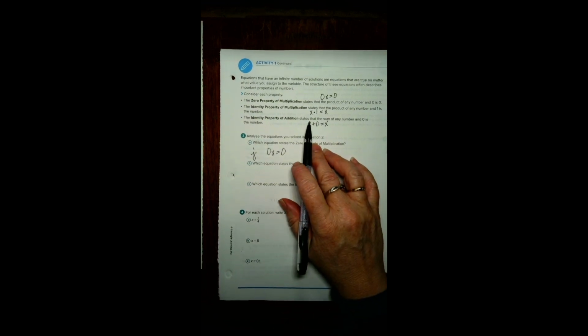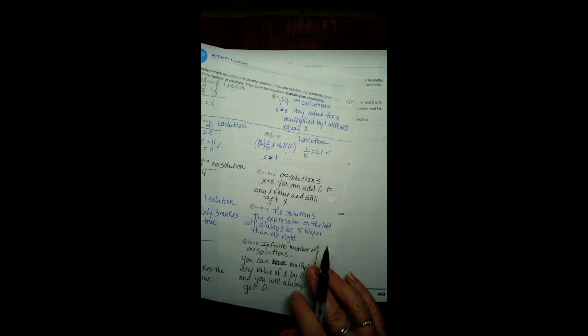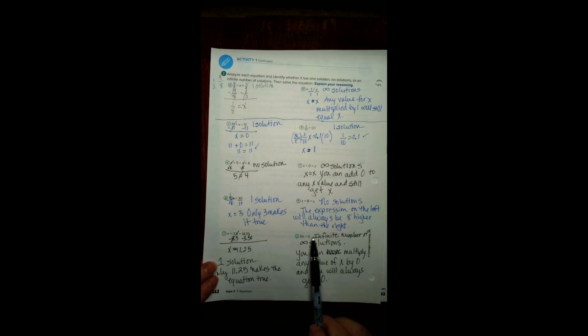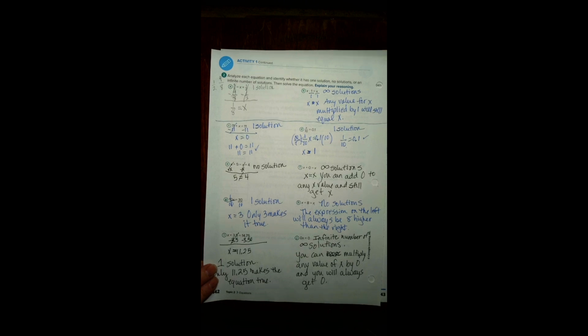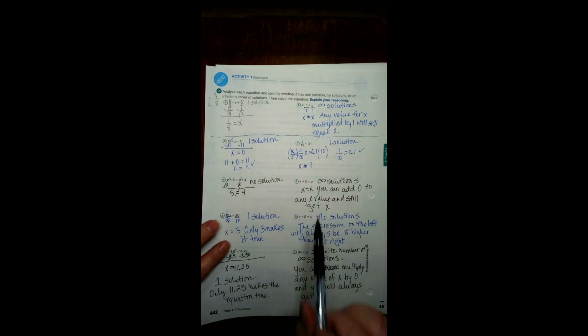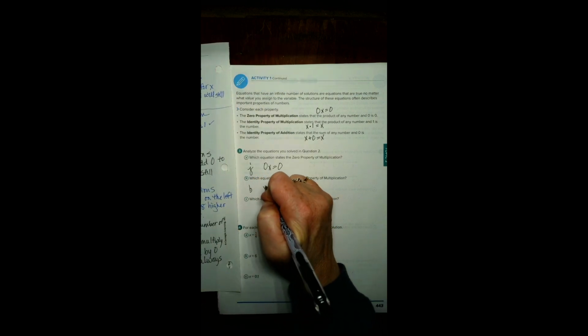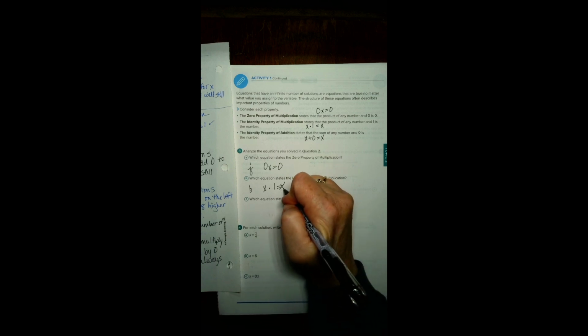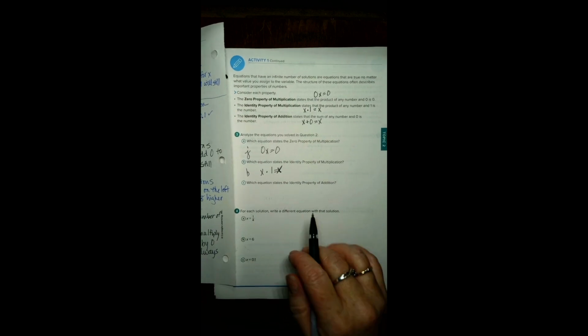So that's x times 1. So that one was up here in letter B. So that was B, x times 1 equals x. That's written horribly.